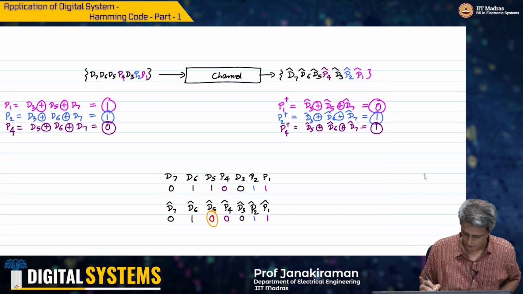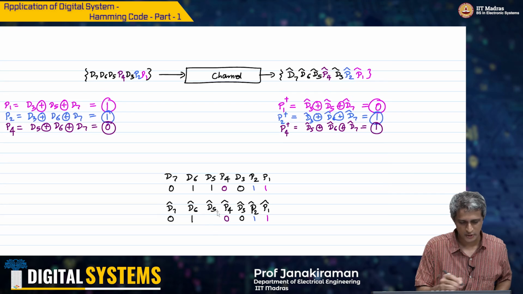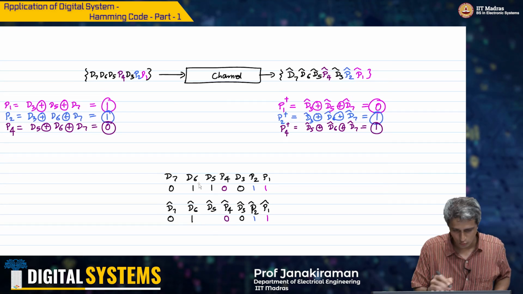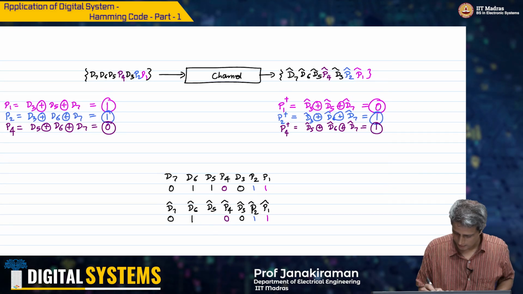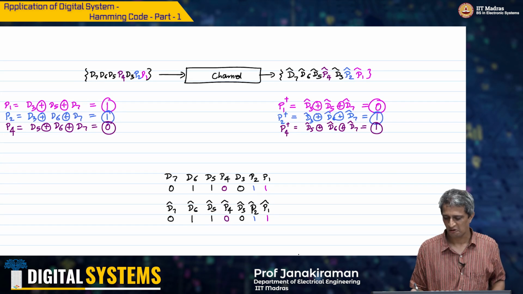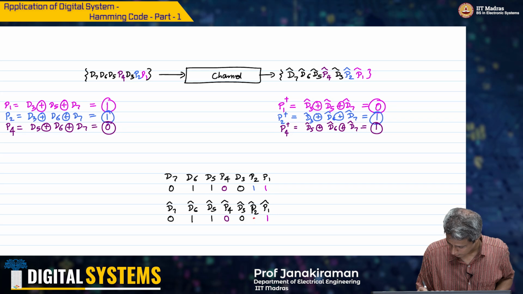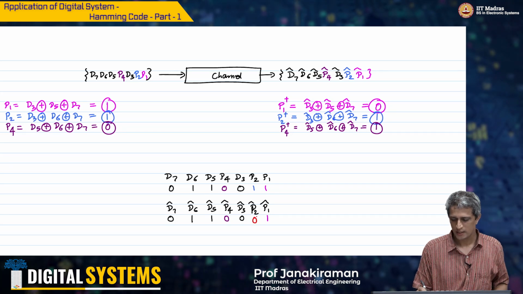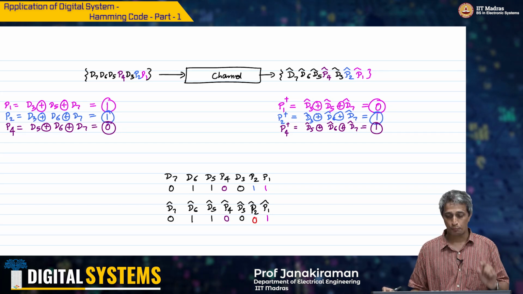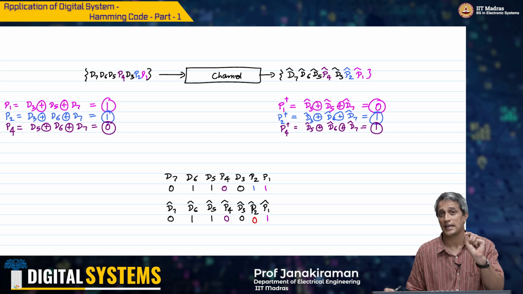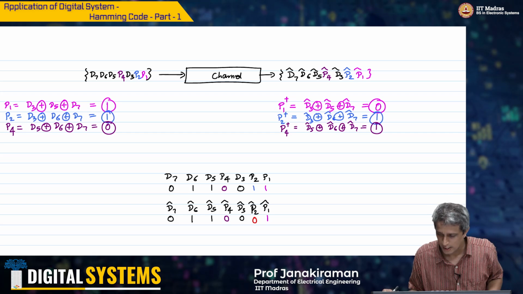Now what I am going to say is, instead of this case, I am going to assume that D5 was not in error. Let us say it's my P2 that happened to be in error. P2 hat happens to be in error, right?